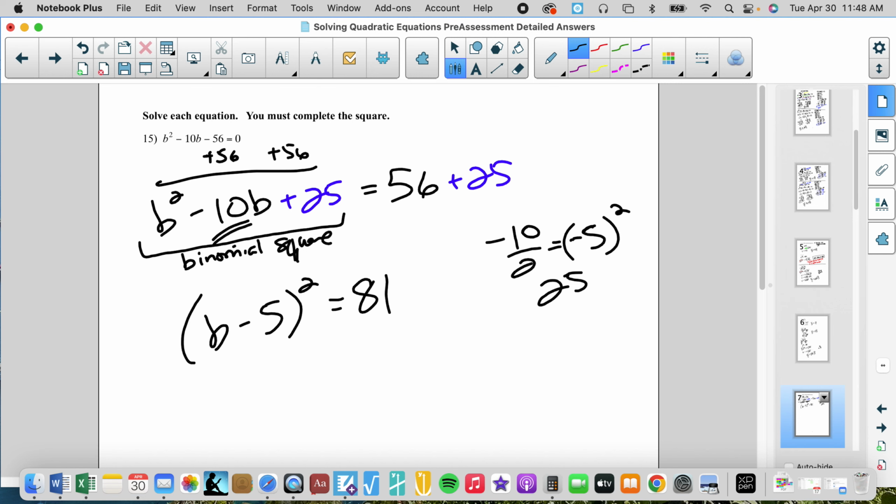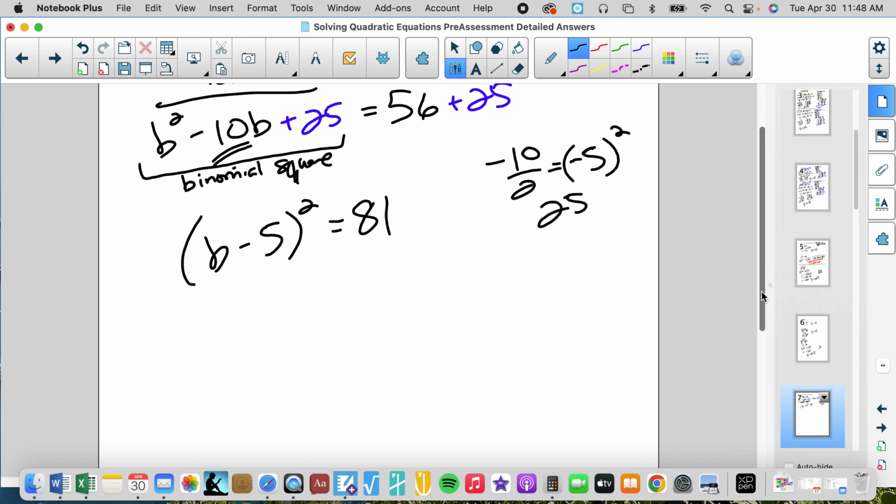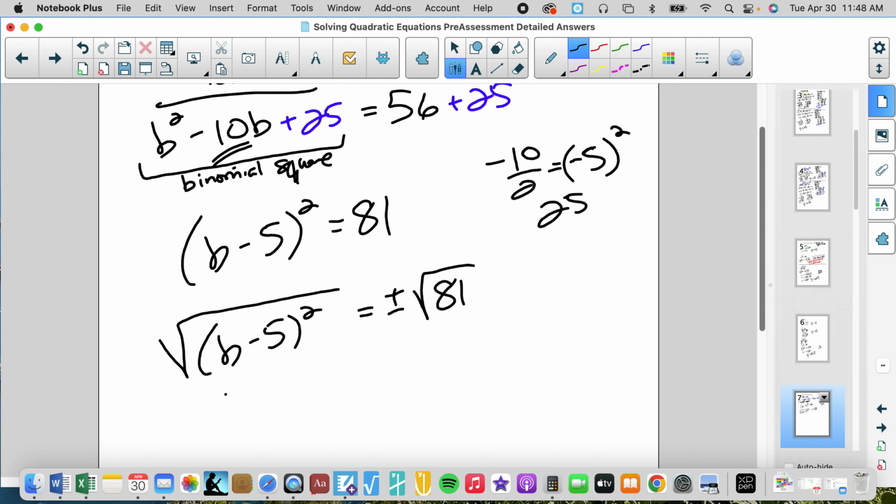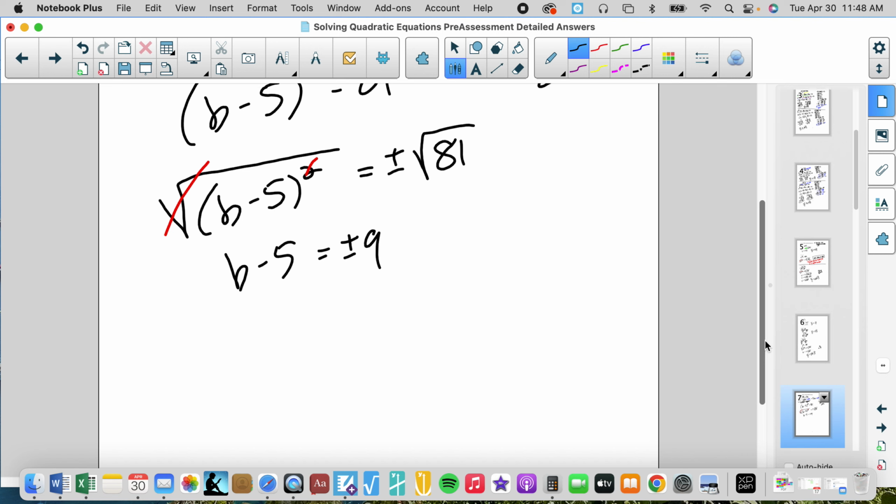And now we have a quantity squared. So we take the square root of b minus 5 quantity squared, because that's what's going to get rid of that square, plus or minus square root of 81. This produces b minus 5, because the radical and the square will cancel each other. We get plus or minus 9, and now we solve.